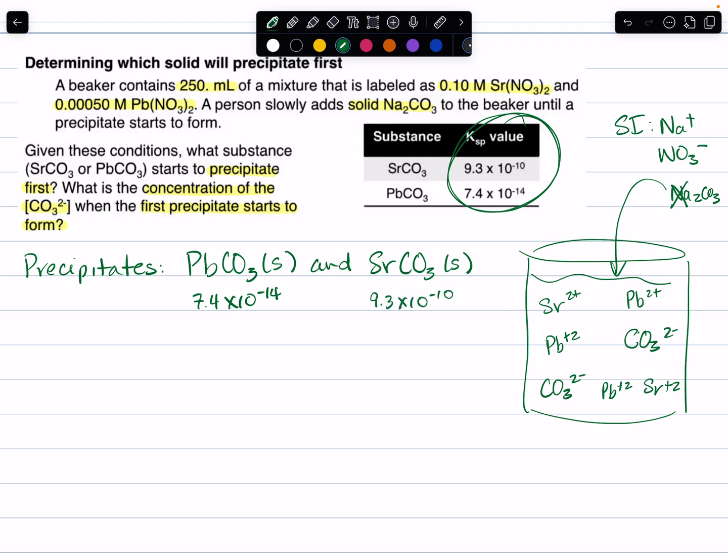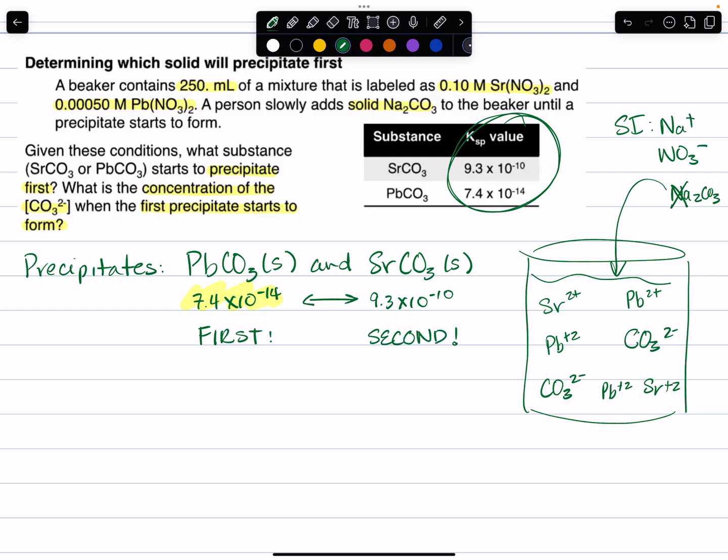Now, these two ionic compounds have the same number of ions, so I can compare these two KSP values directly. My prediction is that I'm going to see the lead carbonate precipitate first based on that KSP value, which means the strontium carbonate should precipitate second.